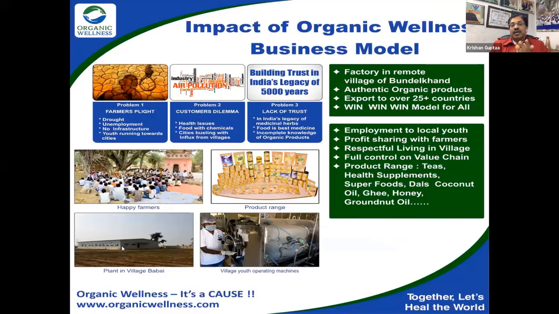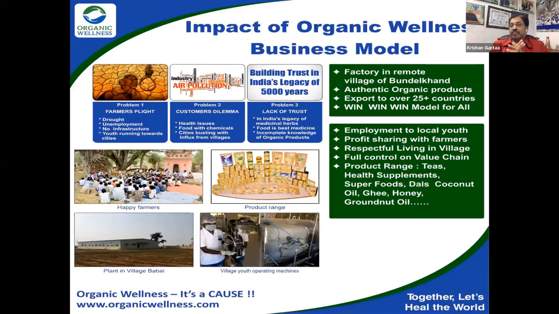Now, when you see the impact of the Organic Wellness business model, you will see we have set up our business in a remote village of Babai, in Bundelkhand, where there is farmers' plight, drought, a lot of unemployment, and no infrastructure. Even today, after operating for almost 5 years in that area, we still don't have proper internet connectivity.